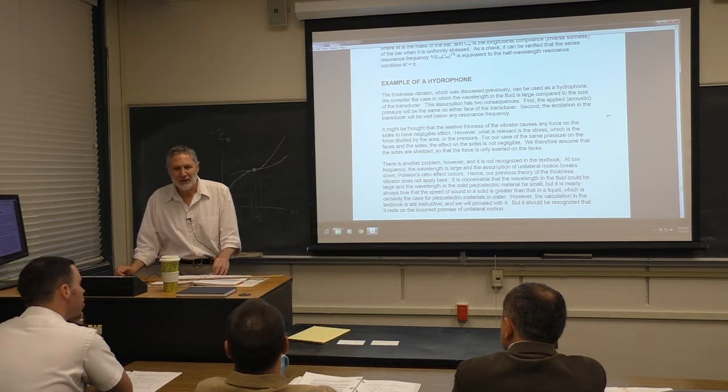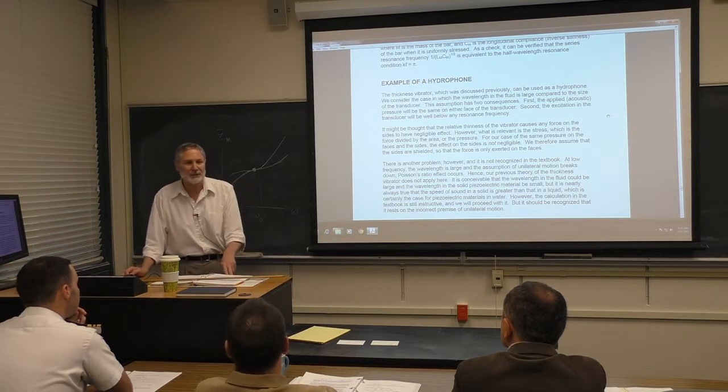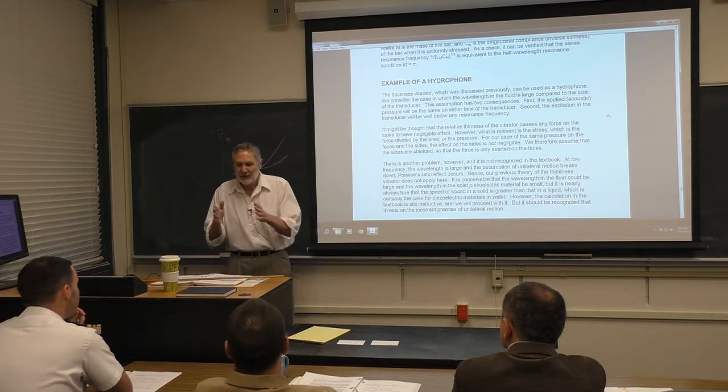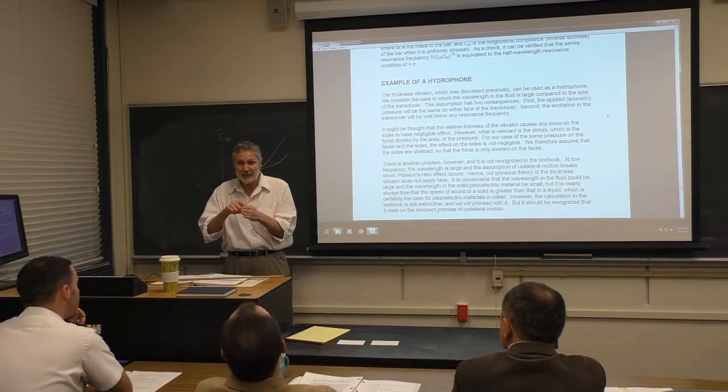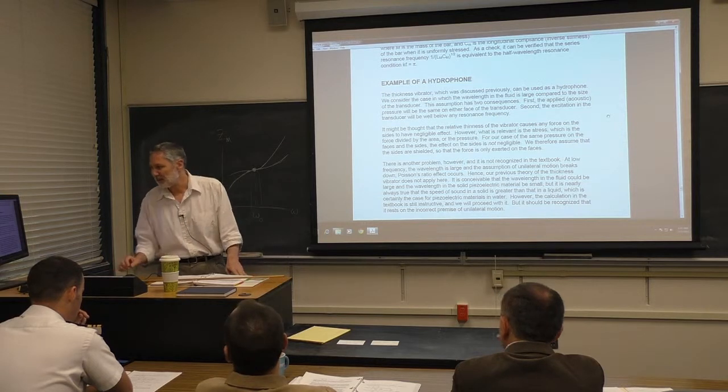Usually the speed of sound in solids is greater than the speed of sound in liquids, and it's true for ceramics. So the wavelength is larger there. If it's large here in the water, inside it's going to be even larger because the speed is greater. So unfortunately, we just violated our assumption.